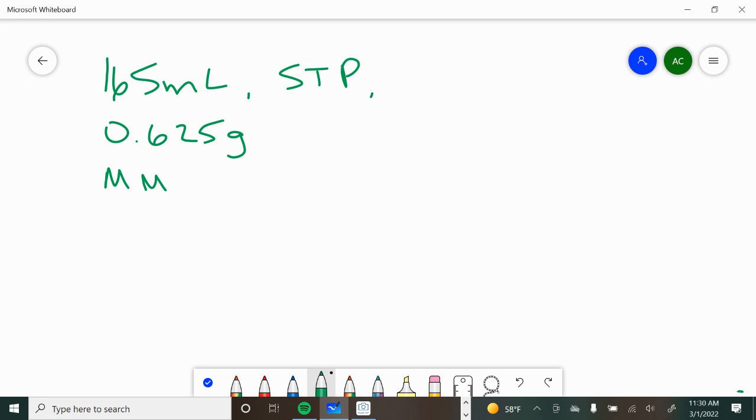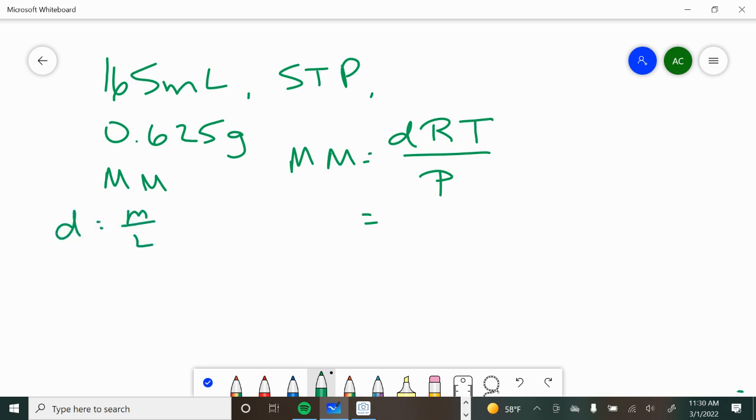So, what are we going to use? DERP. Molar mass equals density times R T over P. How are we going to find density? Density is what? Mass divided by volume.